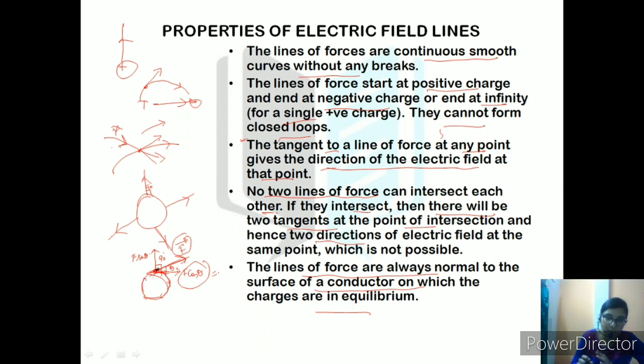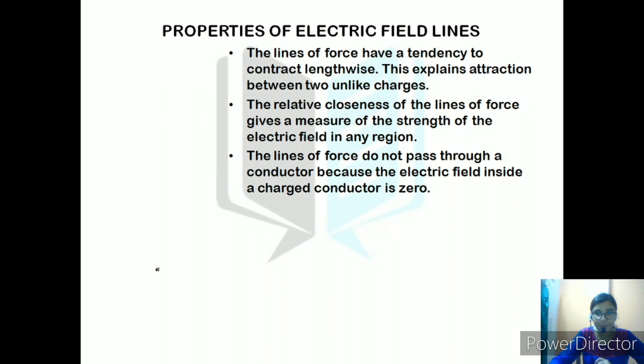So lines of force are always normal to the surface of a conductor on which the charges are in equilibrium.